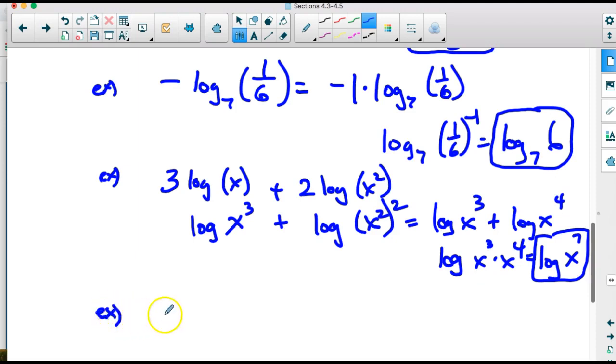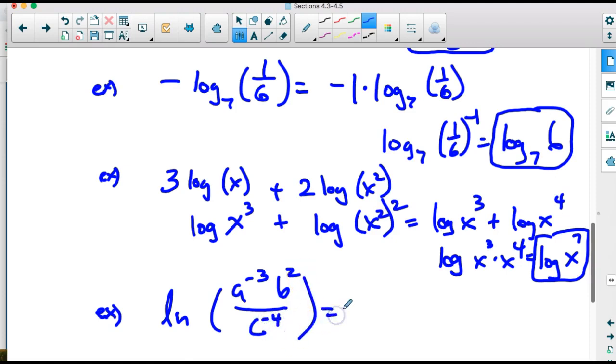So let's try. We'll go with the natural logarithm this time, ln of a to the negative third, b to the second, and c to the negative fourth.